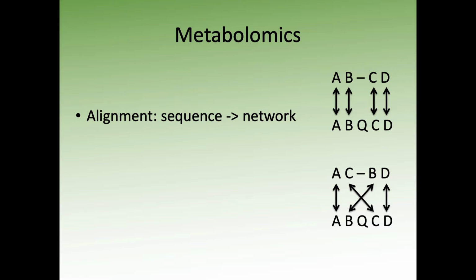What we're looking at is an example of a sequence alignment. Say we have a sequence alignment where the sequence is A, B, C, D in one case, and in another case it is A, B, Q, C, D, right? And in this case, we can think of each sequence as actually a linear network, right?